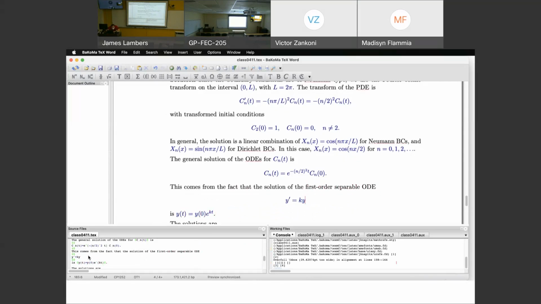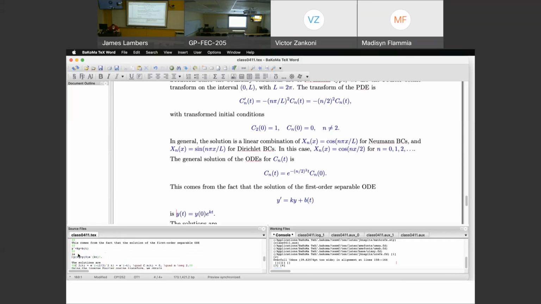Actually, even though it's not needed in this problem, it may be needed in a later problem. I'll add a source term. I'll call it b of t. So in this case, there will be an additional term.